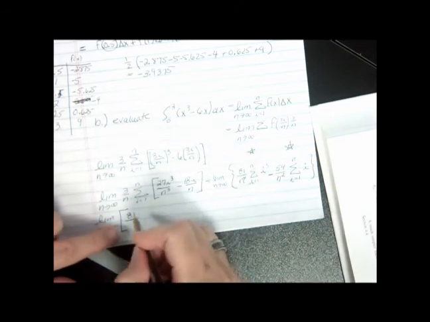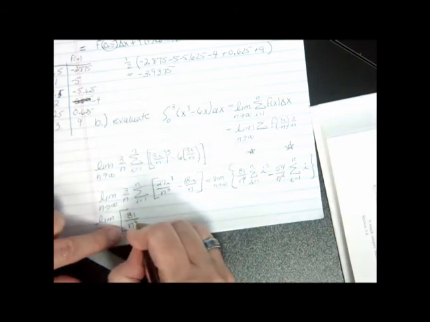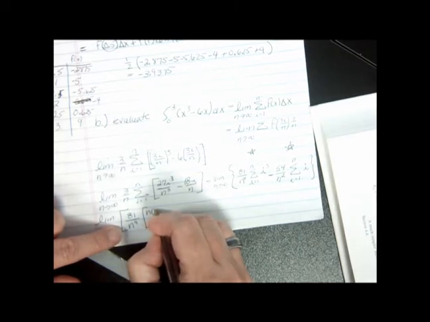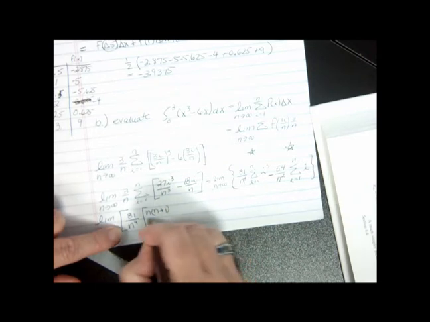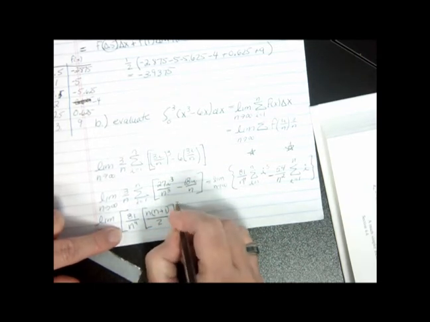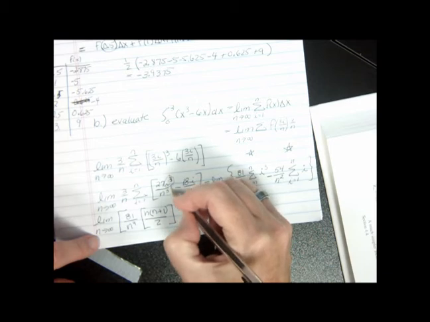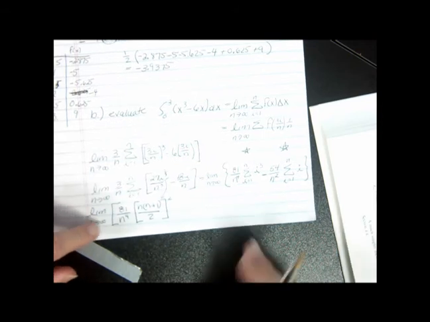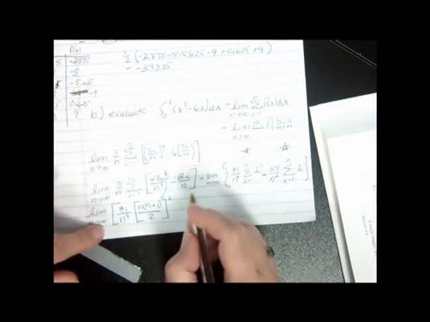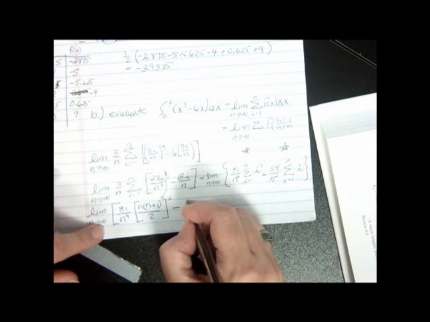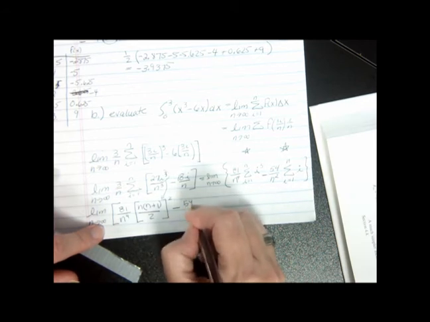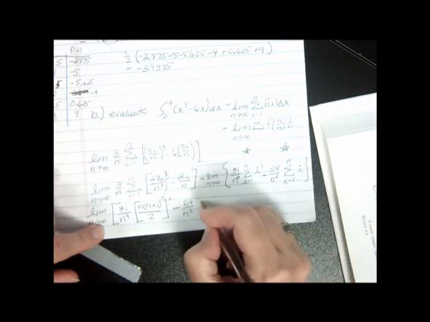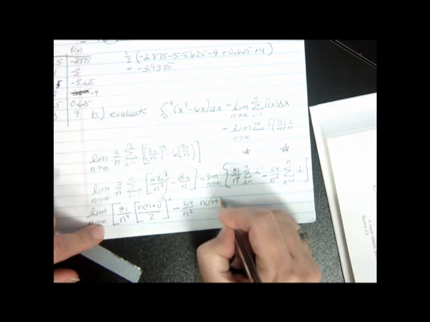I'm rushing too fast, sorry, because I'm trying to save room, but I need to make sure you understand it. So I have n times n plus 1 over 2, and that's squared. Why? Because I substituted this in for this. I'm going to do the same thing with minus 54 over n squared, and then that's just times my i value, so that's n times n minus 1 all over 2.